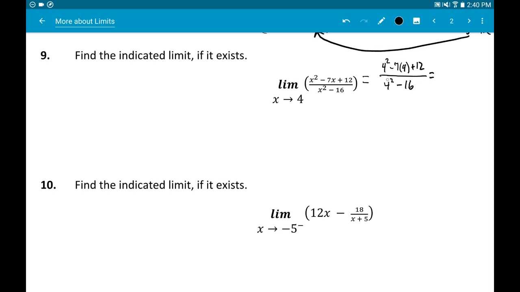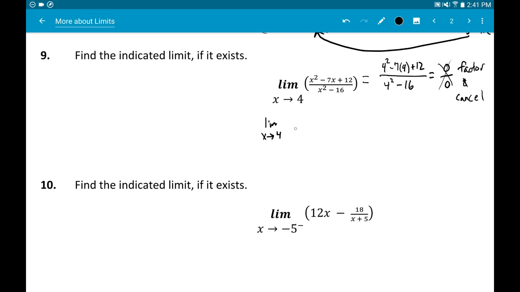And if you multiply out and add all this up, you're going to end up with 0 over 0. So remember, when we get 0 over 0, that means factor and cancel. Okay. Again, 0 over 0 is not a valid solution. Okay, so we got to factor and cancel here.